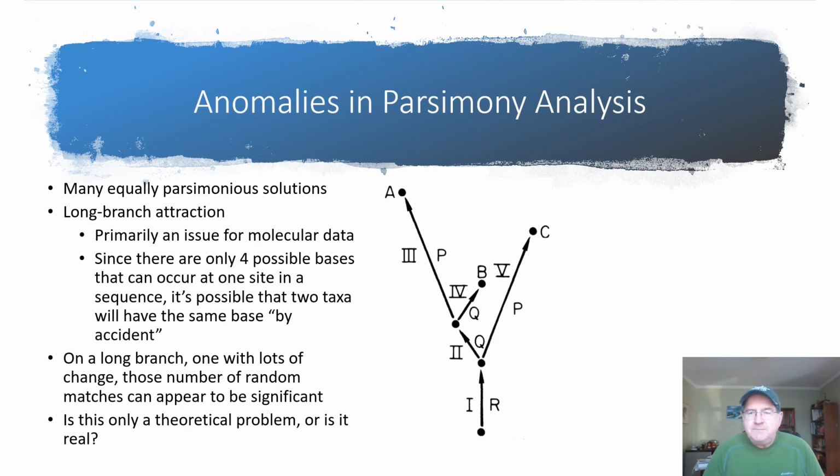So it's possible that 2 OTUs at a particular position in a sequence alignment will have exactly the same base there, not because they inherited that from their common ancestor, but because of pure chance, that there was a mutation there, and from the A that it was, for example, it could only go to T, C, or G. There were only 3 possibilities for it to mutate to, and so if it's got a C now, then that happened, and somebody else has a C, that happened totally by chance.